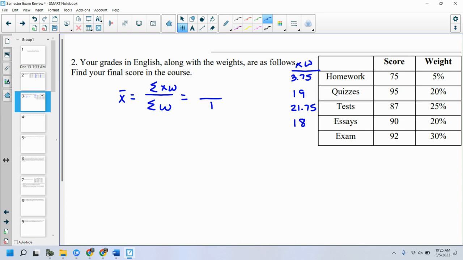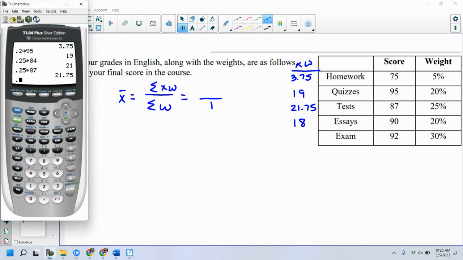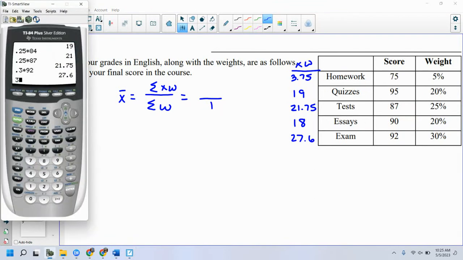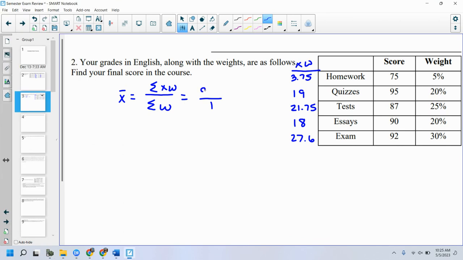And 0.3 times 92 is 27.6. So I'm going to add all these up, and that's going to give me my weighted mean. 3.75, 19, 21.75, 18, and 27.6. All said and done, I got a 90.1. Good there?